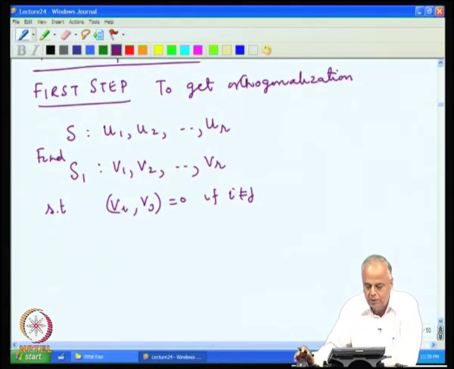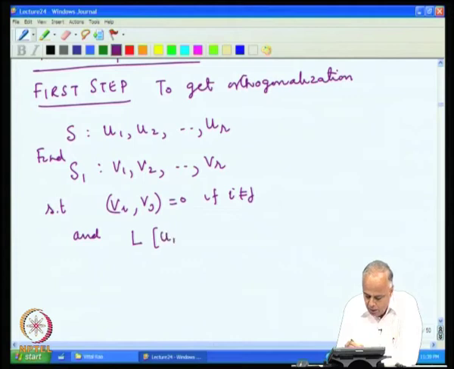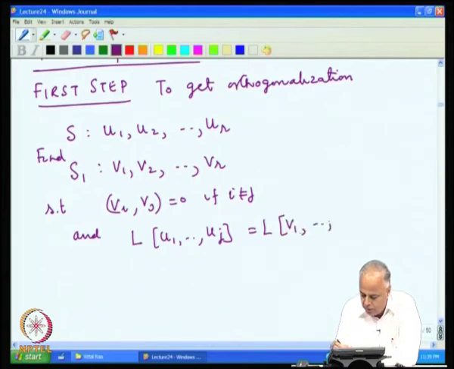That is what is meant by getting the orthogonalization, and the space spanned by u1, u2, up to uj, the first j vectors, is the same as the space spanned by v1, v2, up to vj, and this is true for j equal to 1, 2 up to r.